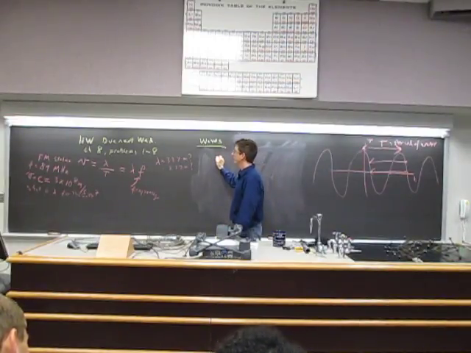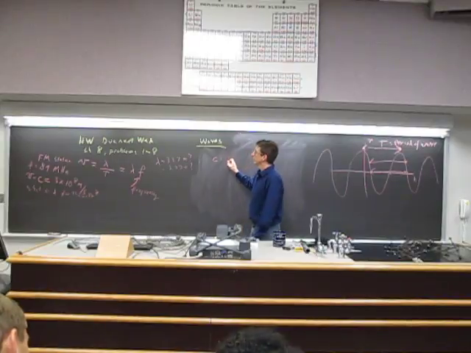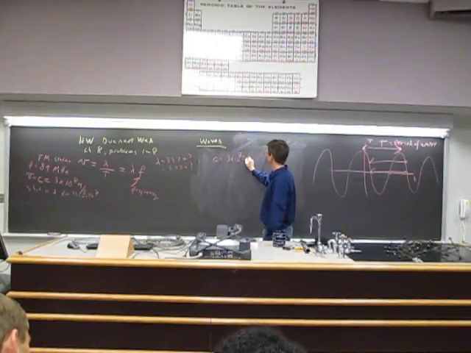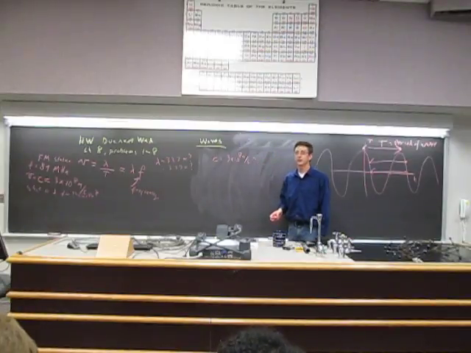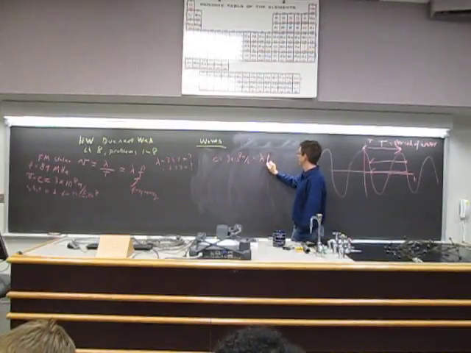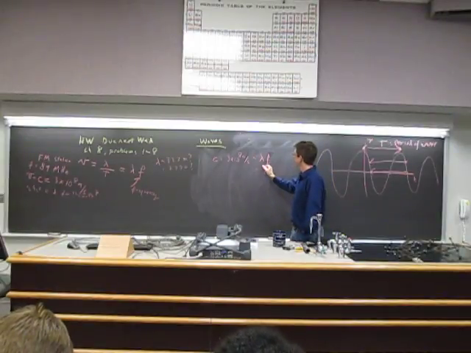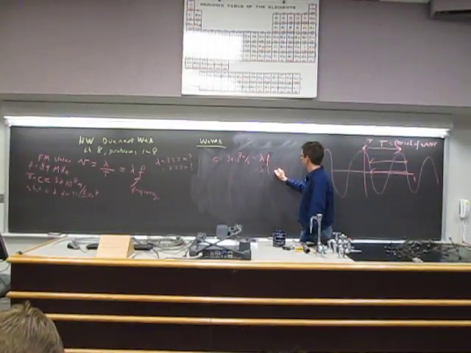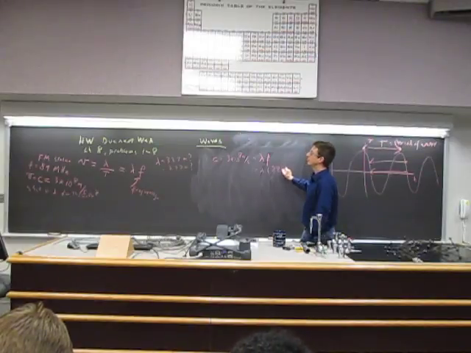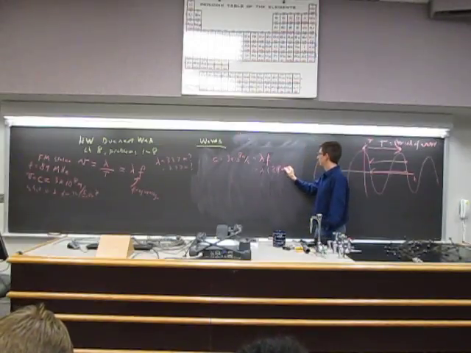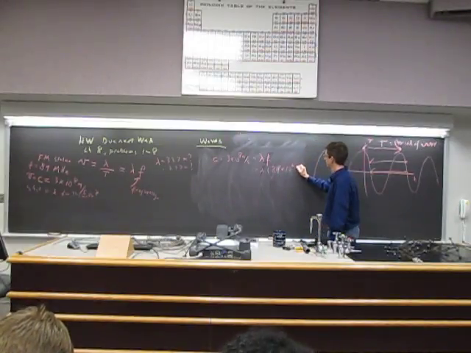Okay, so we have c, which is the speed of light, 3 times 10 to the 8 meters per second. That's equal to the wavelength times the frequency, right? So this would be wavelength times 89 times 10 to the 6th hertz.